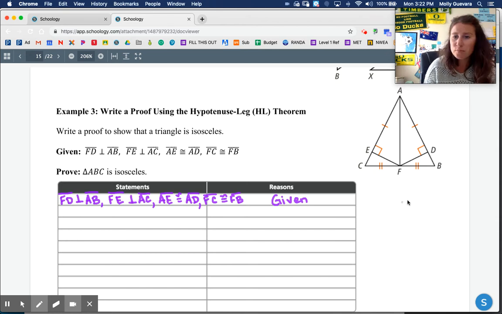Okay? Well, what I'm seeing here is that I have 4 right triangles, right?